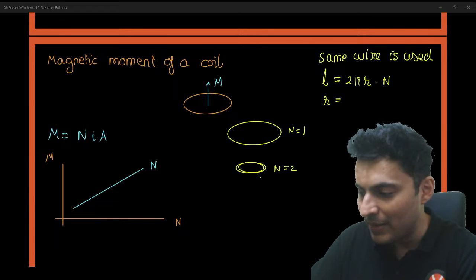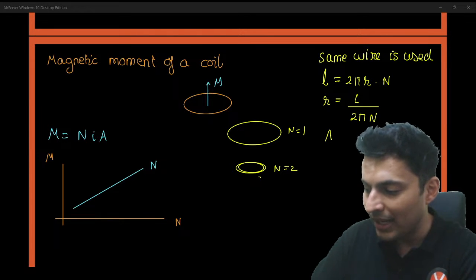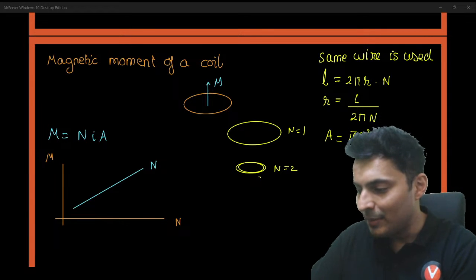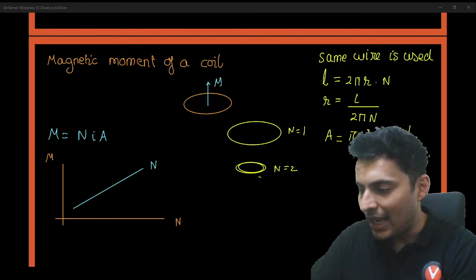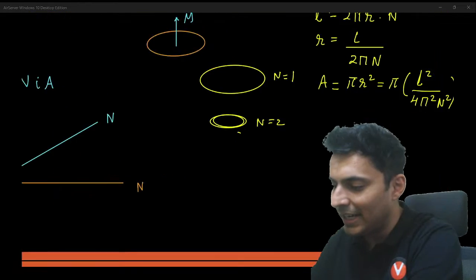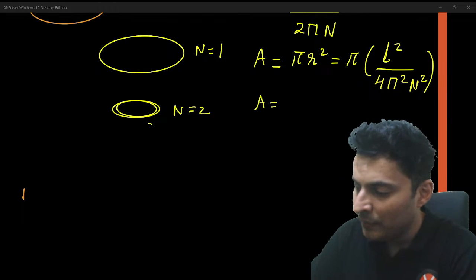That means r will be L divided by 2 pi n. What will area be? Area is pi r squared. That means it will be pi L squared by 4 pi squared n squared.